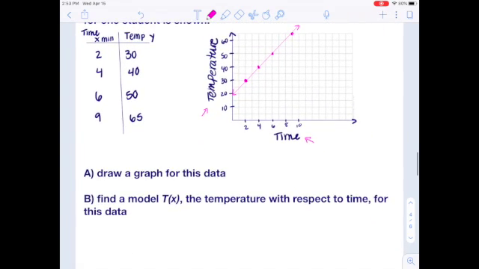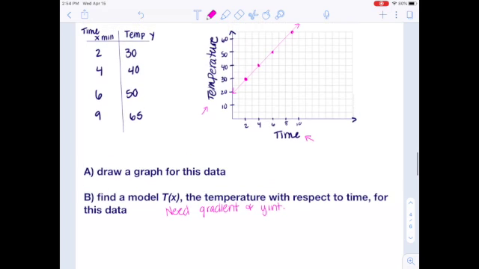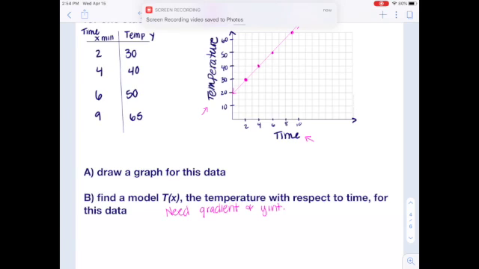Now we're going to find the model T of x. So we need to write the rule for this function. So let's see what we have. What do we know? We know we can calculate our slope. You pretty much need your gradient and a y-intercept. We should probably start by calculating our slope.